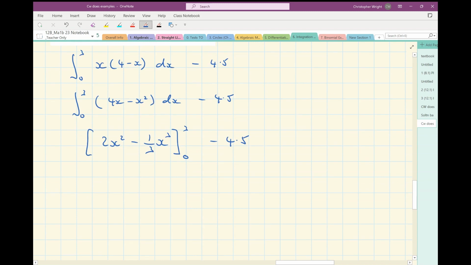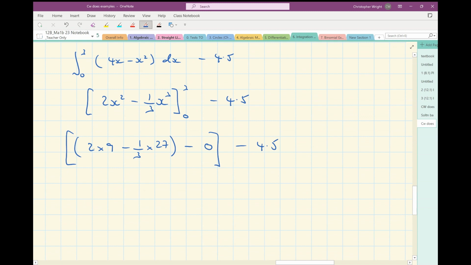So I have got the value of that when x is 3, so that's going to be 2 times 9 minus 1/3 of 27. That's the expression when x is 3. From that, I'm going to subtract 0, the value of that expression when x is 0. And from the whole of that, I'm going to subtract 4.5.